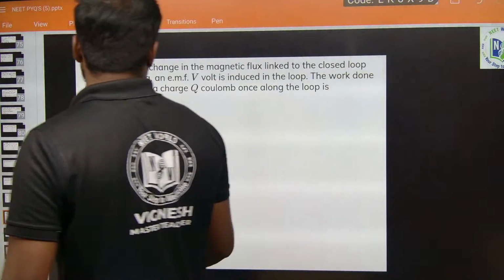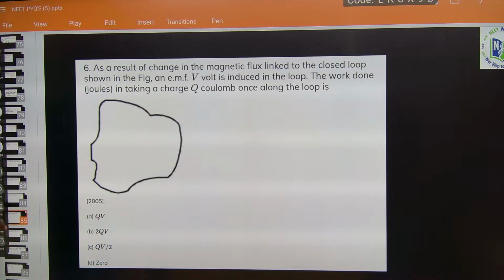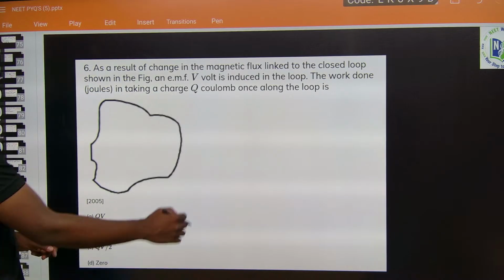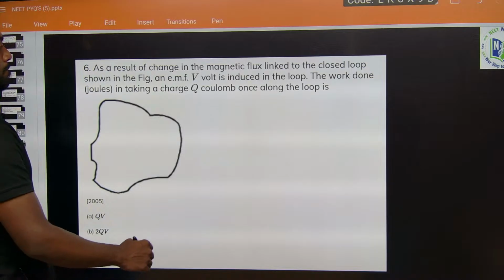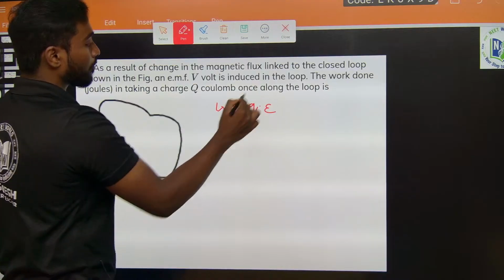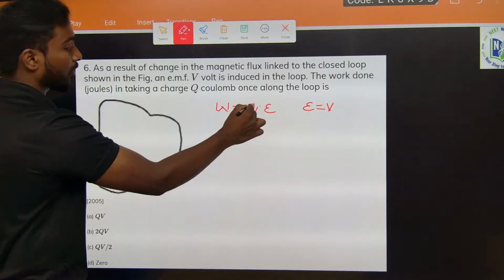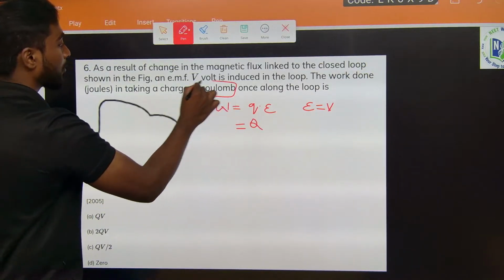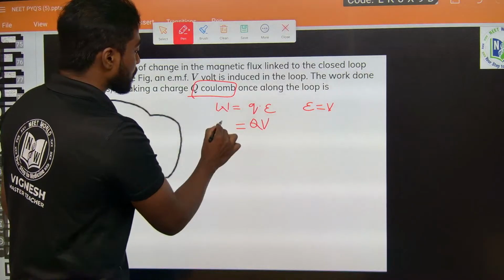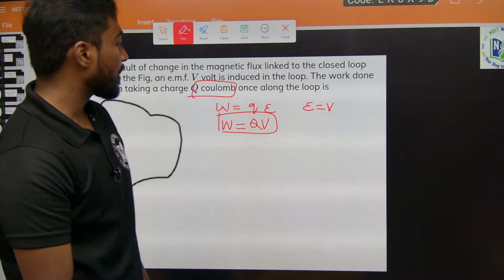Obviously work done is equal to Q into E. I can write this E as V in volt, and Q as capital Q in coulomb. So Q into V. Option A QV, option B 2QV, option C QV by 2, option D 0. So option A is the answer, QV, charge into volt.